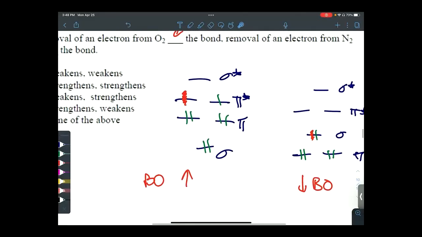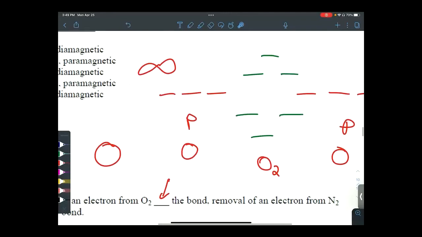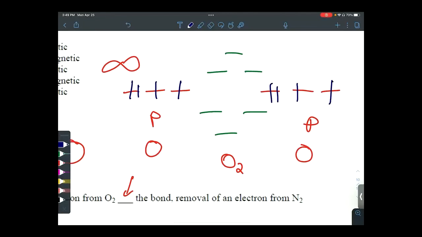Oh, these lines? So oxygen, one oxygen atom has how many p electrons? 4. So since we have 2 oxygens, there's 8. What I didn't draw were the lines on the outside, these ones. So what you really need to do is fill up these ones first. For oxygen, you have 4 electrons in the p subshell, and so you are just rearranging these 8 electrons total in a new type of geometry.